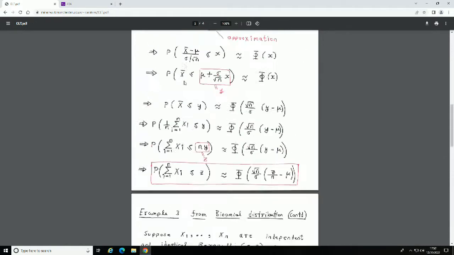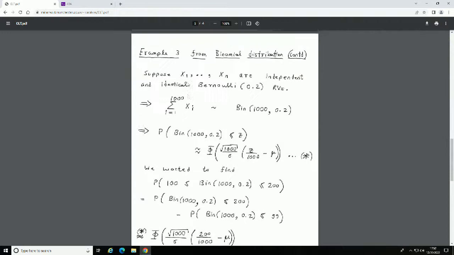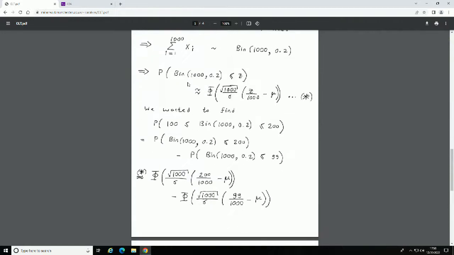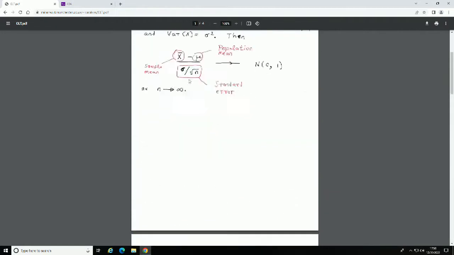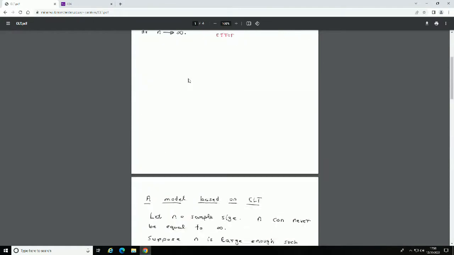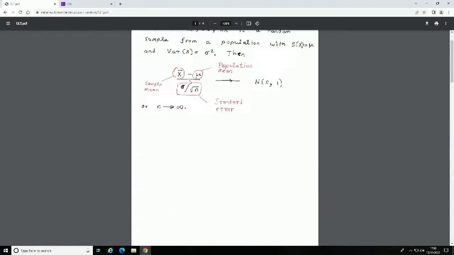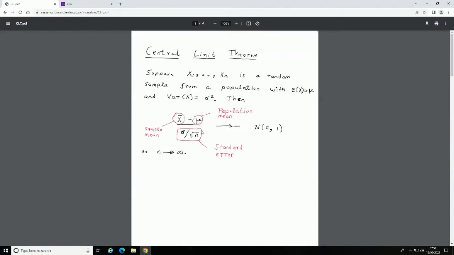It's not quite here, but basically I'm using the central limit theorem for a random sample from a Bernoulli distribution with these parameters.